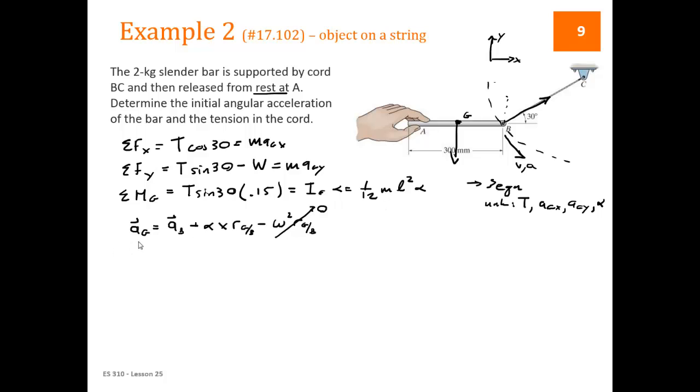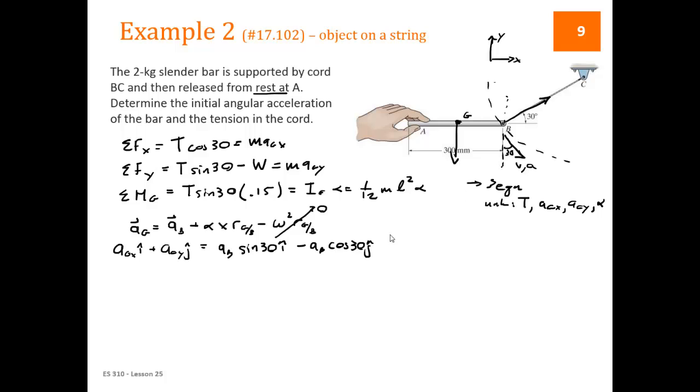AG has the two components we don't know, so AGX in the i hat plus AGY in the j hat is equal to the acceleration of point B. We don't know the value of AB, but we do know its direction, so we can write it as AB times the sine of 30 i hat minus AB cosine of 30 j hat, which gives us this direction. If this is 30, then this is also 30, and the x part is the sine, opposite 30, and the y part is the cosine, the adjacent part.